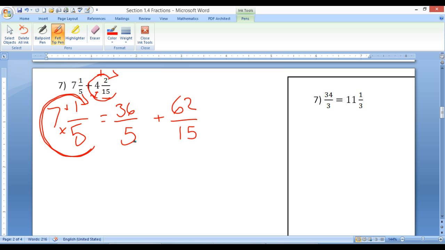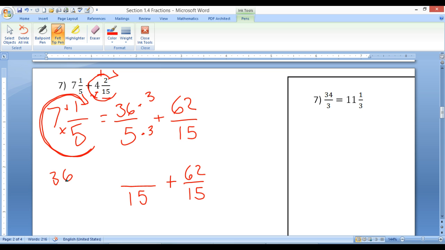So we're going to multiply by 3 and multiply by 3. So that gives me a denominator of 15. And this one is already 15, so we don't have to do anything to this one. It is perfect.